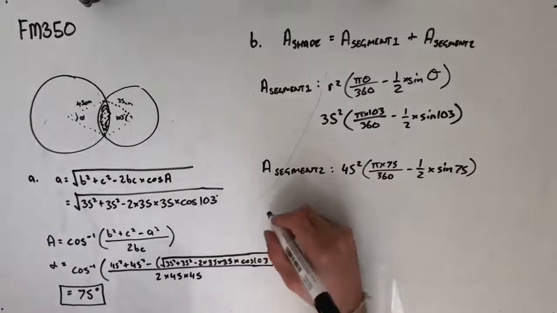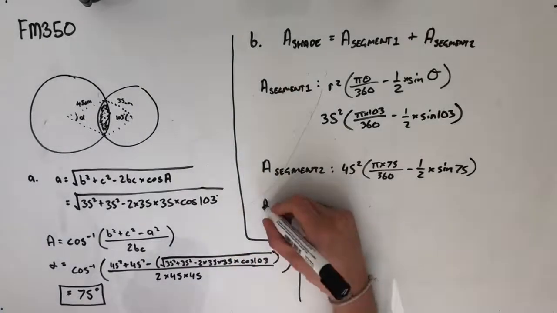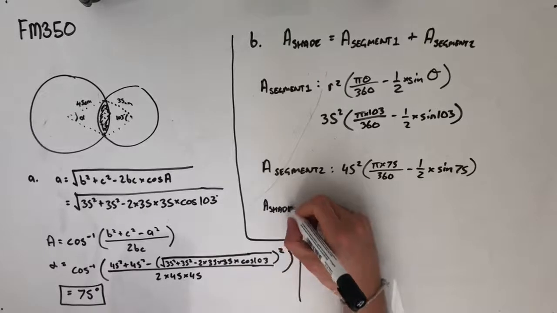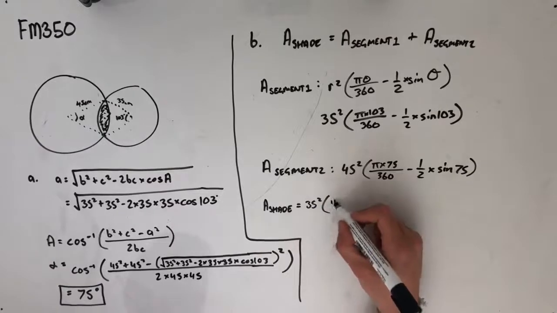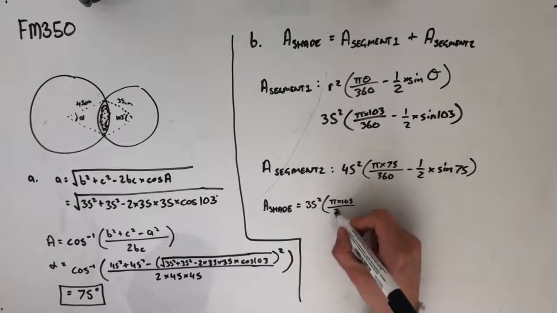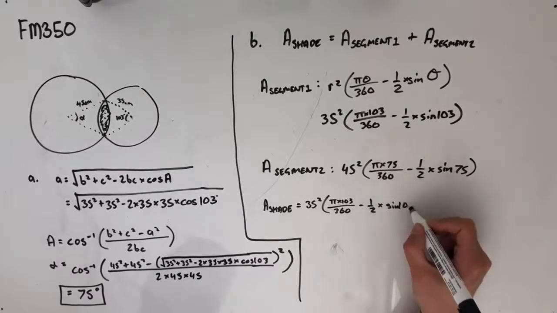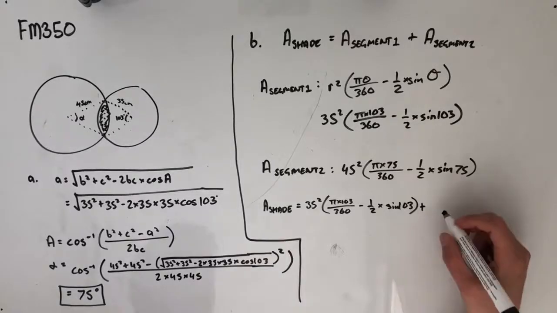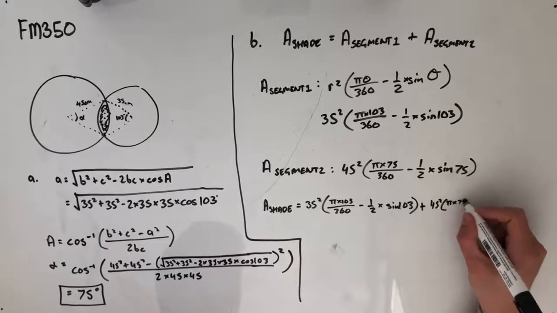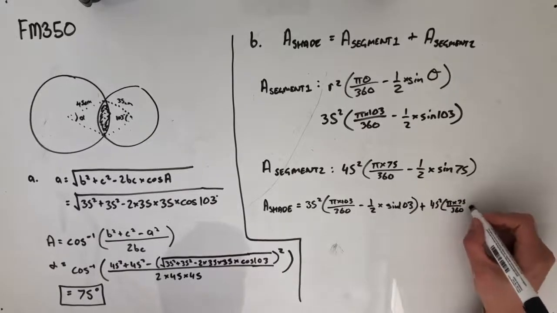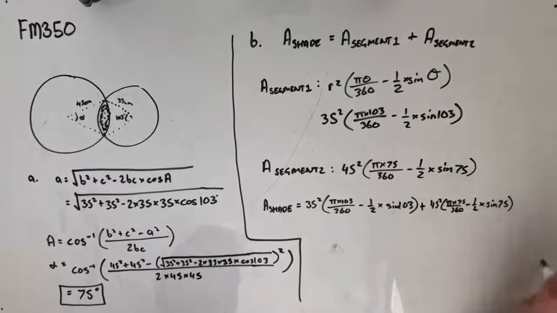Plugging this all in together, so I might even just section this off a bit. The area of the shaded area is going to be equal to 35 squared of pi times 103 all over 360 minus 1 over 2 times sine of 103 plus 45 squared times pi 75 all over 360 minus 1 over 2 times sine 75.